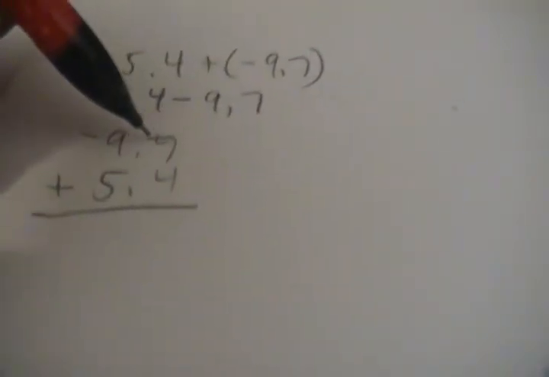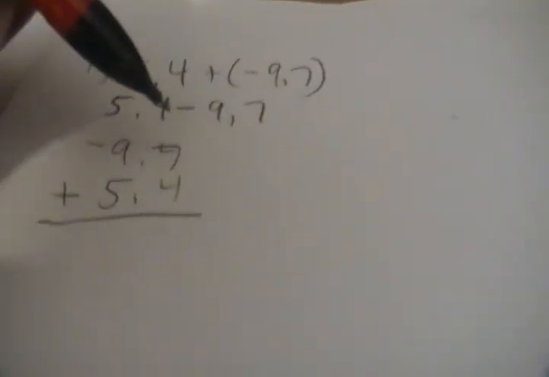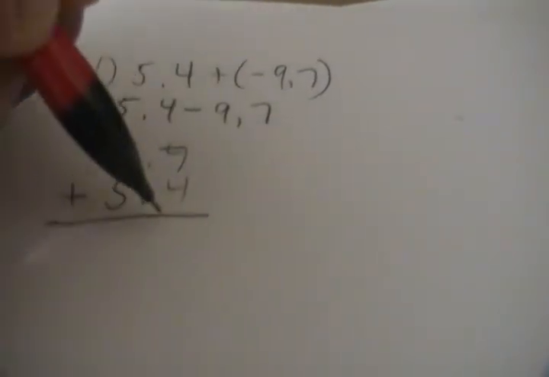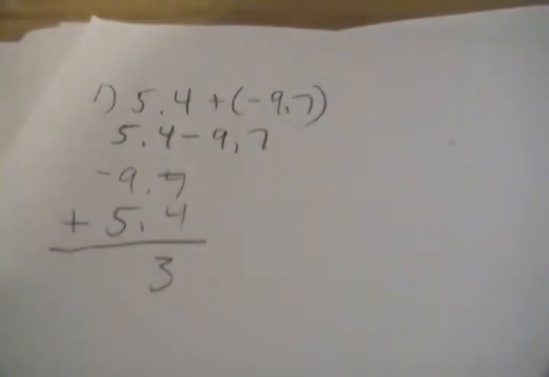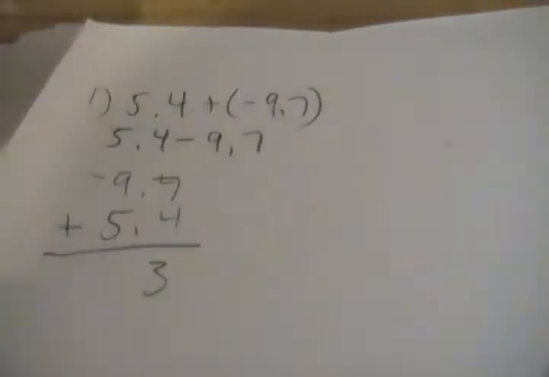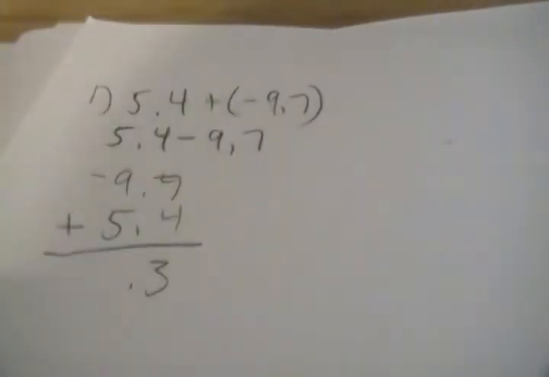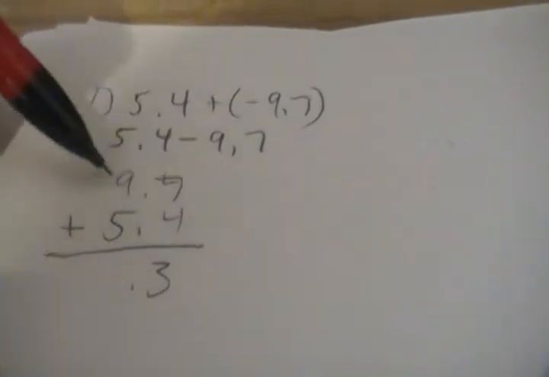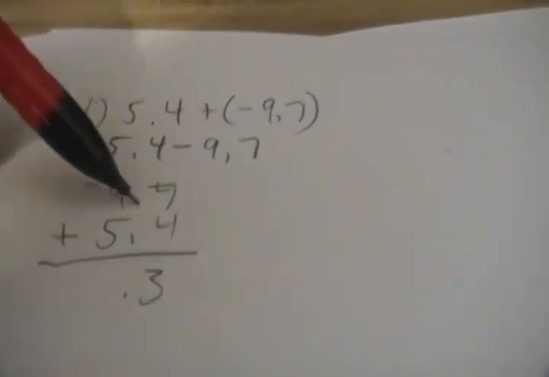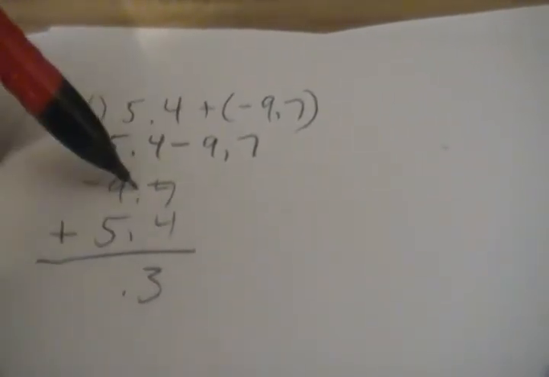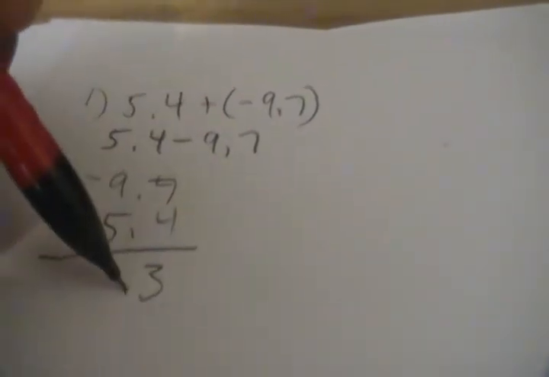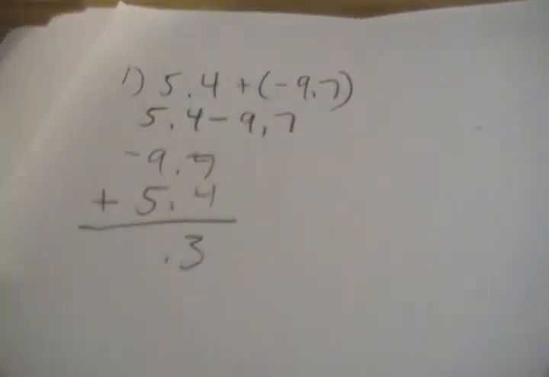So what is 7 minus 4? 7 minus 4 is 3. Then we put the decimal point below that. What you want to do with the decimal points is line up where the decimal points are. So you put a decimal point after the 3.